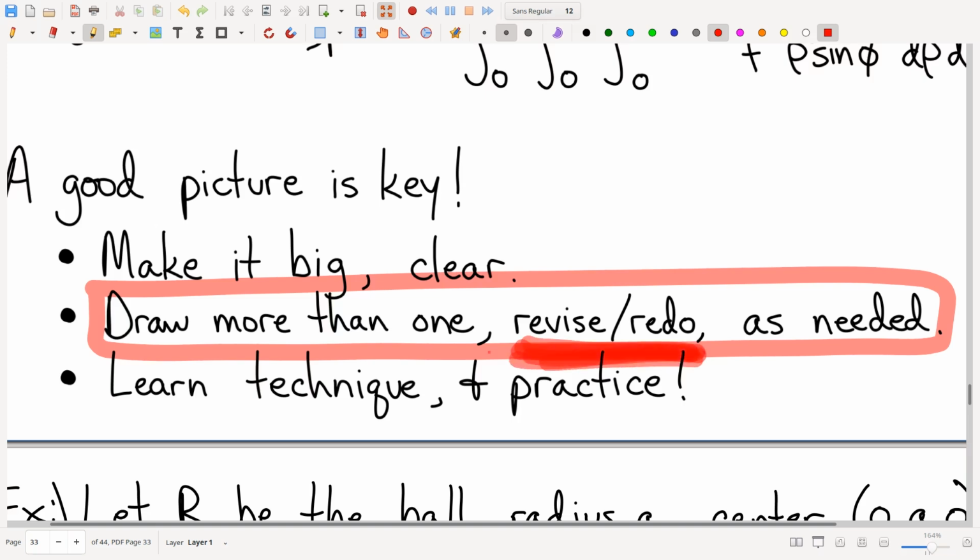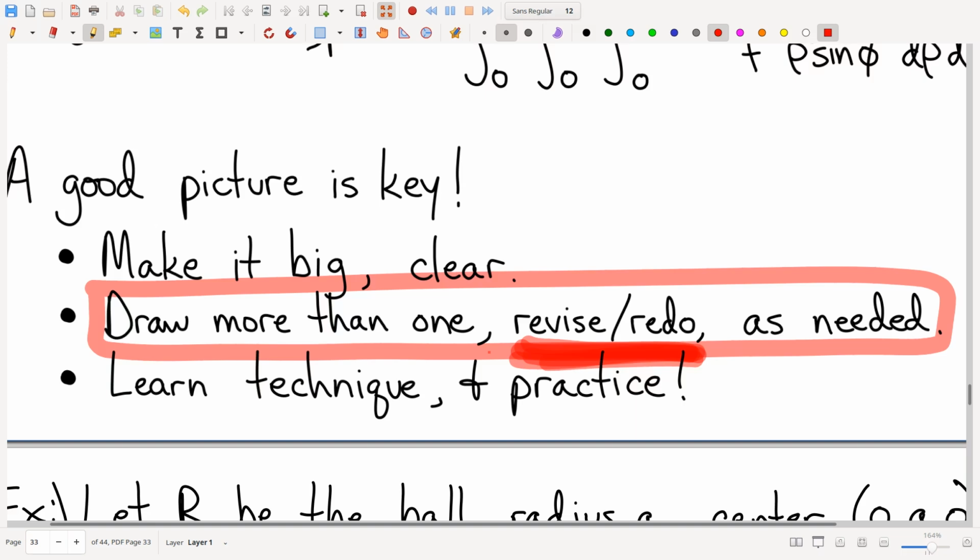So your first drawing, you should expect to be poor. But at least from that first drawing, it'll help you understand the actual shape a little bit better. And you'll be able to look at your first drawing and see what's bad about it, right? And then your second drawing will be better. Your second drawing will help you understand the nature of the shape better, thus allowing your third drawing to be even better than that, right? And so there's this whole process, and you can revise and redo as many times as is necessary.